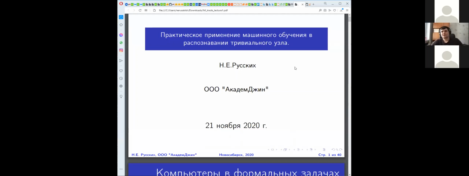So it is my pleasure to open our last session, the last session of our mini workshop on computer methods in low-dimensional topology. And I'm glad to introduce our next invited lecturer, Nikolay Russkikh from Academ Gene, that is an IT company from Novosibirsk.